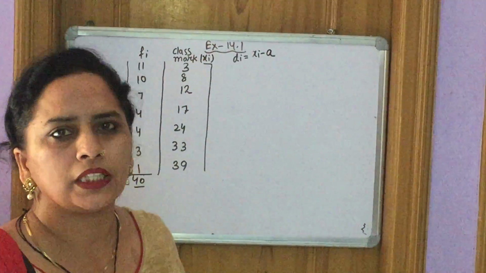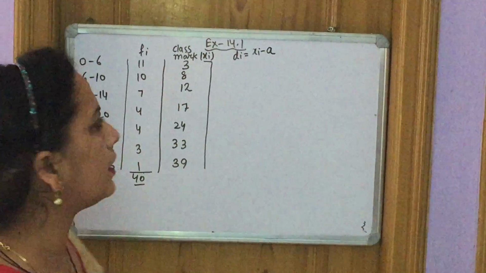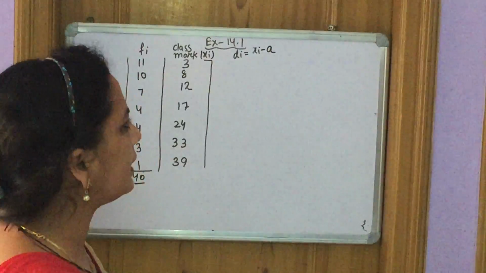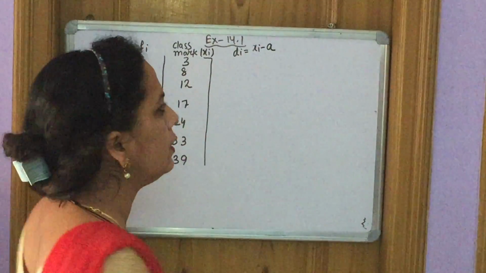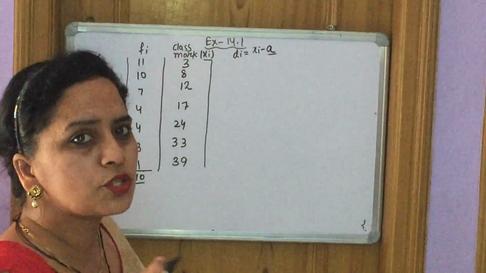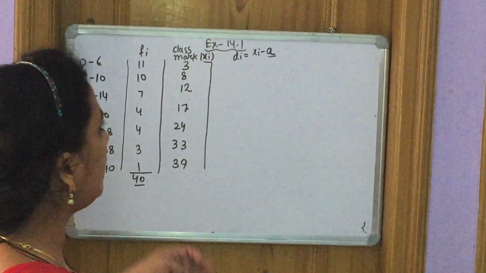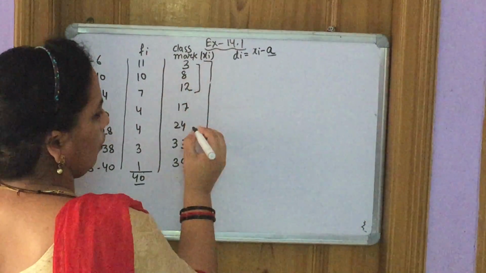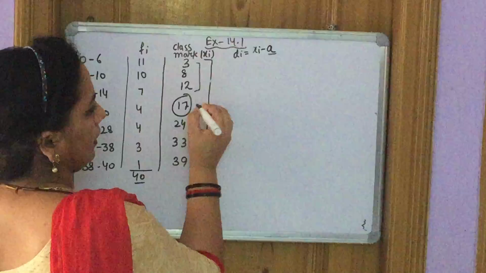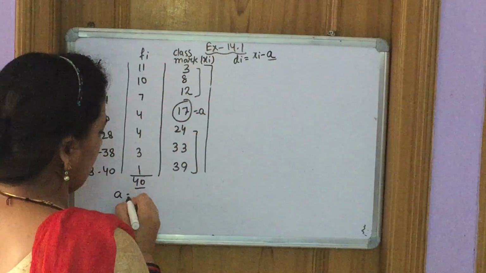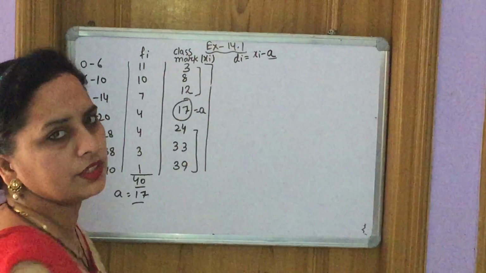We will remove the term h because h is the height of the interval and the height is not the same. That's why we will remove h here. So the formula is xi minus a. A is the assumed mean, which is a mid value of xi. So we can write in our question that a is 70.